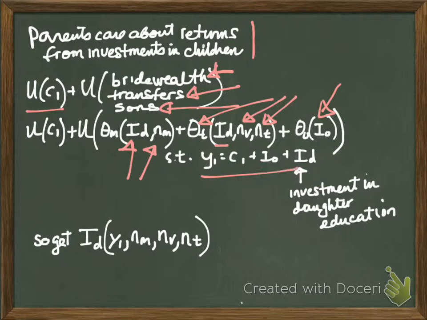So the budget constraint for the parents is that whatever income they have available now, they can either consume it, invest in their sons, or invest in their daughters. When we go through that maximization process, we end up with a function where the investment in daughters depends on how much the parents have. Obviously, if they're not really constrained because they're wealthy, then parents will invest a lot in daughters.